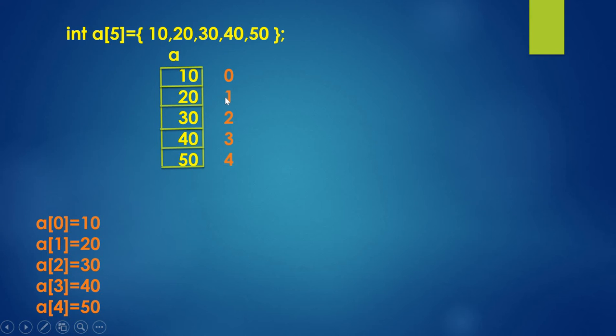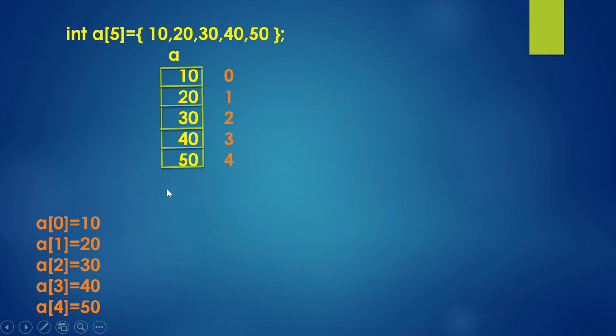The next subscript is 1, that is, a of 1 is 20. A of 2 is 30, a of 3 is 40, a of 4 is 50. That is, the subscript starts from 0. If the maximum number of elements is 5, the subscripts are 0 to 4.